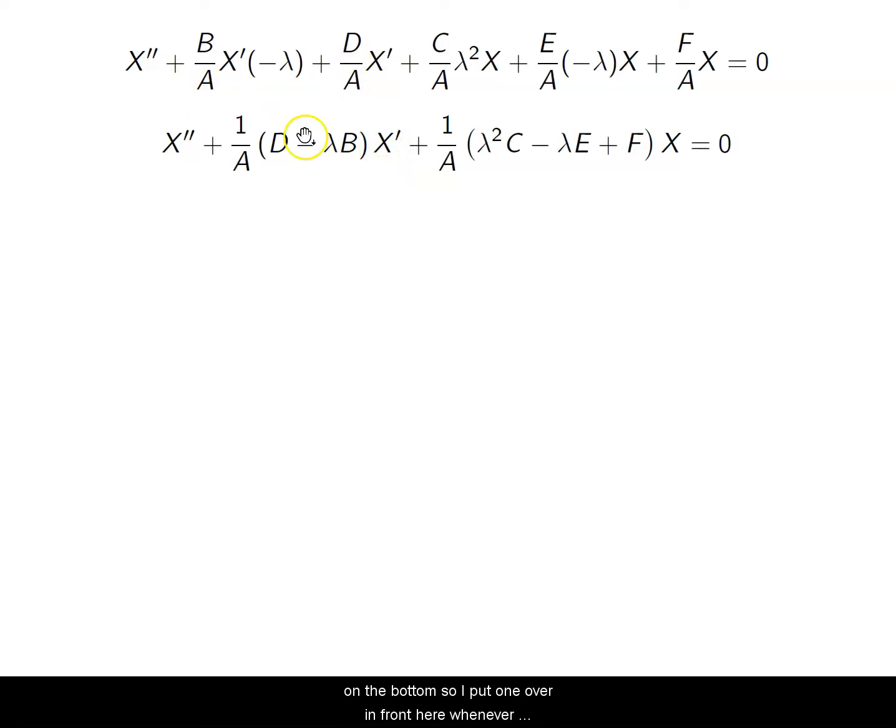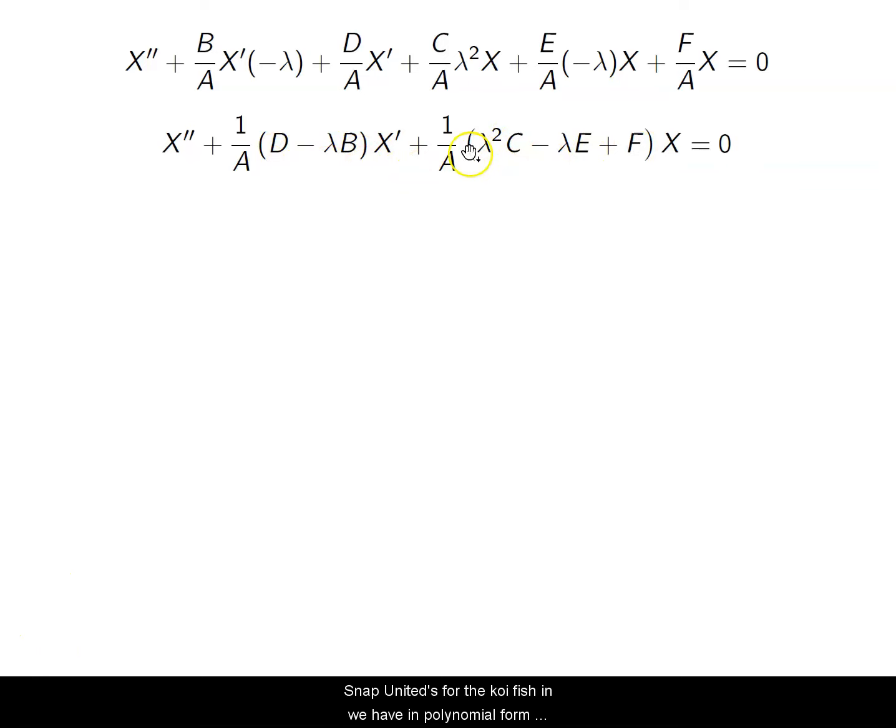All of these have a on the bottom, so I put 1 over a in front here, and 1 over a in front here. I'm left with my lambdas and my C's, E's, and F's, and my B's and D's. Here, D is positive but B is negative, so I switched their order so that it flows a little bit better, right?